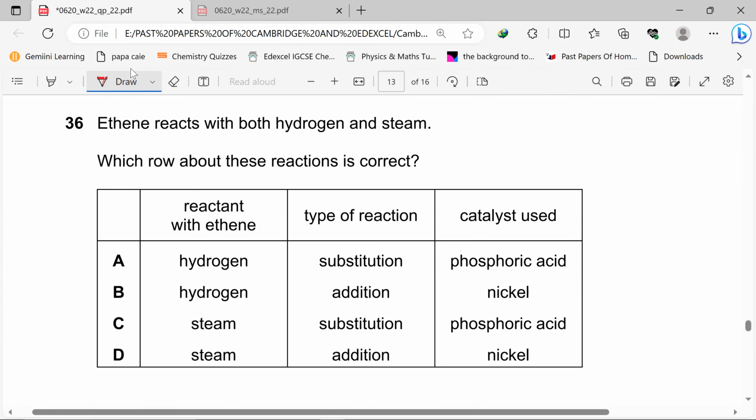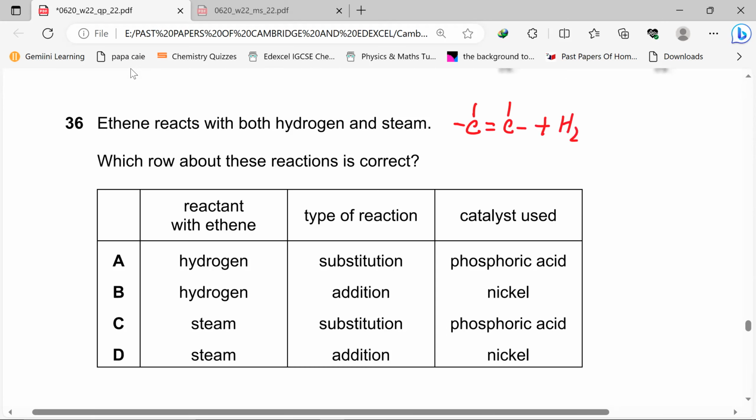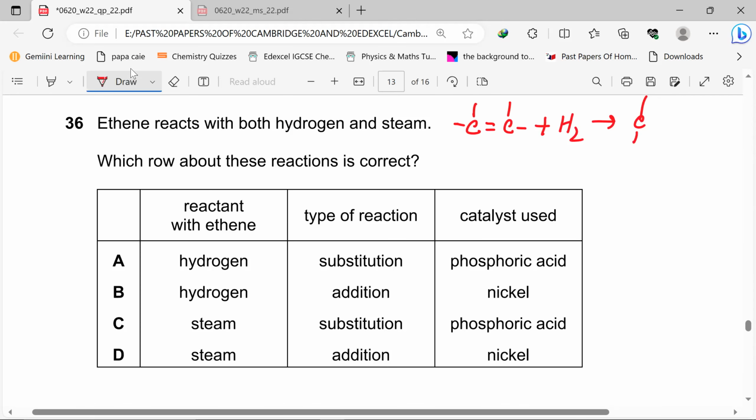Number 36, ethene reacts with both hydrogen and steam. Ethene has a carbon-carbon double bond. If it reacts with hydrogen, it forms ethane, which is an alkane.